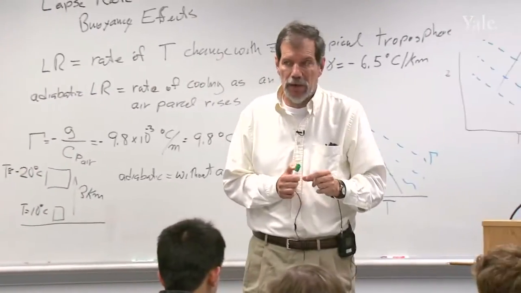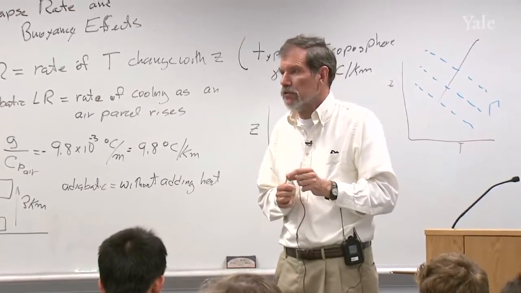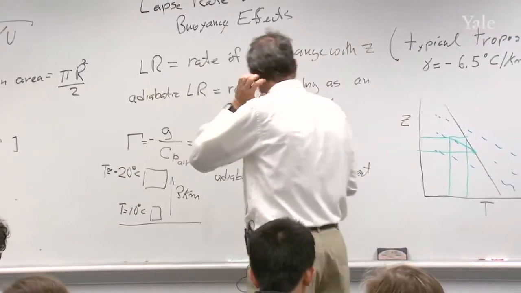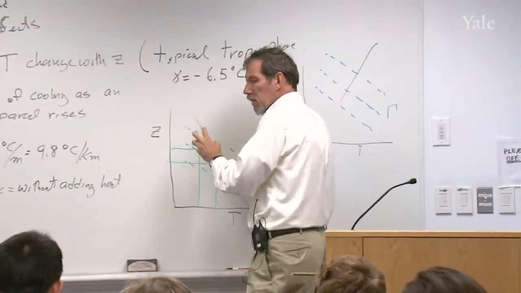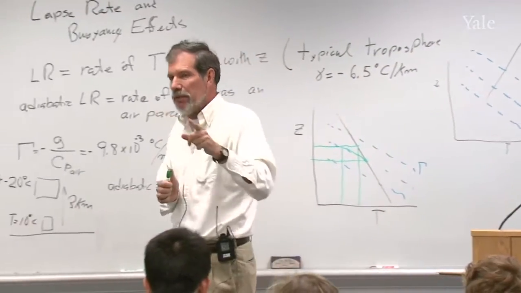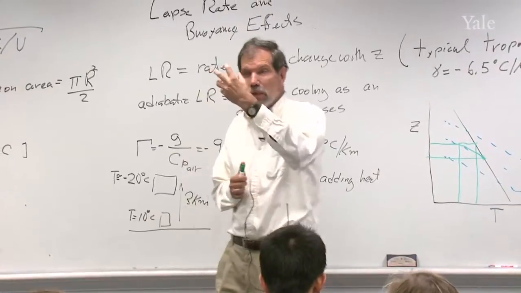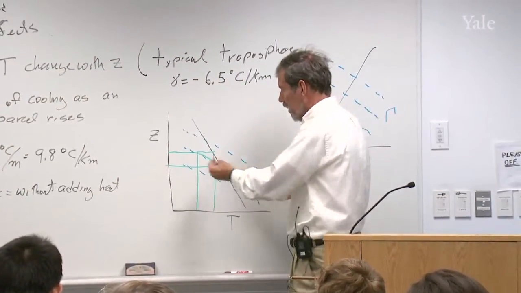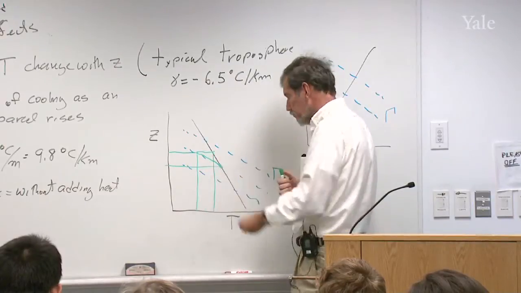What's going to happen to that parcel? It's going to sink because it's more dense than its environment. So I lifted it up there, it looks around and says, oh my Lord, I'm denser than everything up here, back down I go. I don't belong here in this crowd. I've got to go back.